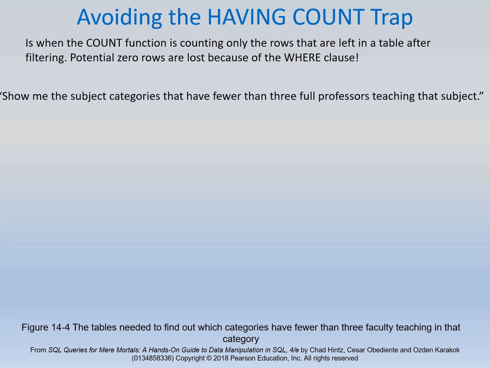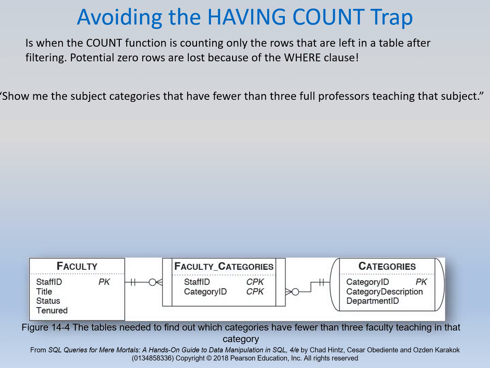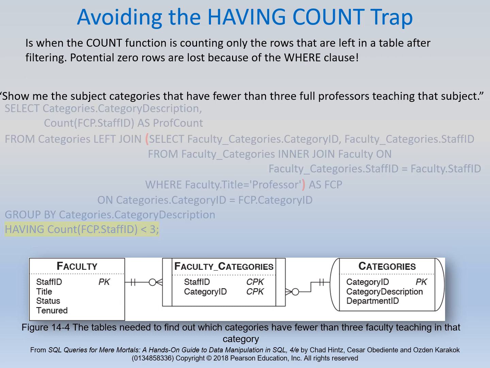Let's take a look at an example that shows us how to get around this by using a subquery. The request is, show me the subject categories that have fewer than 3 full professors teaching the subject. This is our data model consisting of the 3 tables involved.